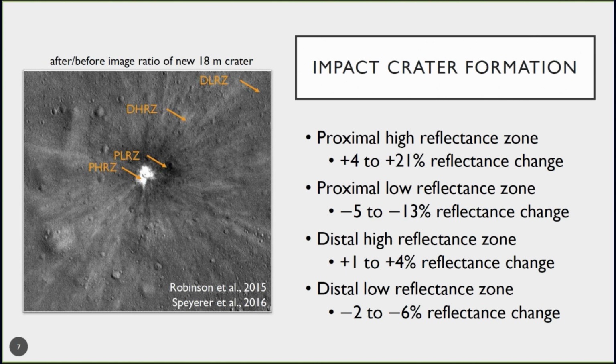And so there are 4 distinct zones around this one 18-meter crater. And then when we started looking at the hundreds and hundreds of more craters that we were identifying across the moon, we were also seeing a variety of craters that had all 4 zones. Some of them only had 1 or 2 zones. But it was an interesting discovery that we made. So if we go to the next slide.